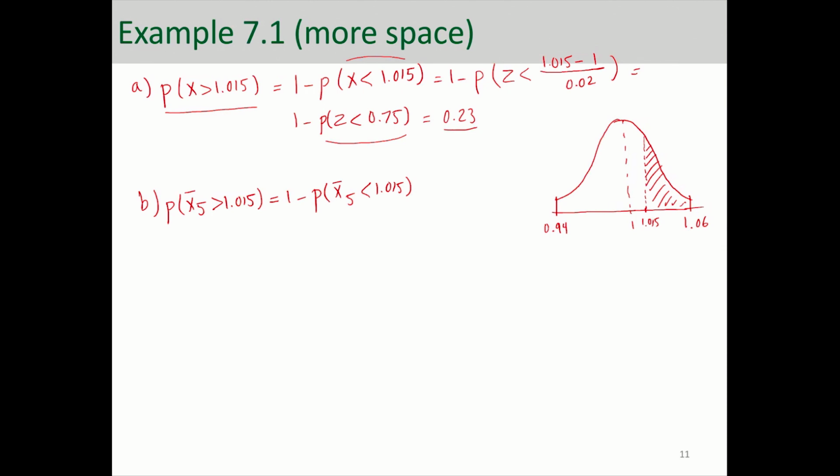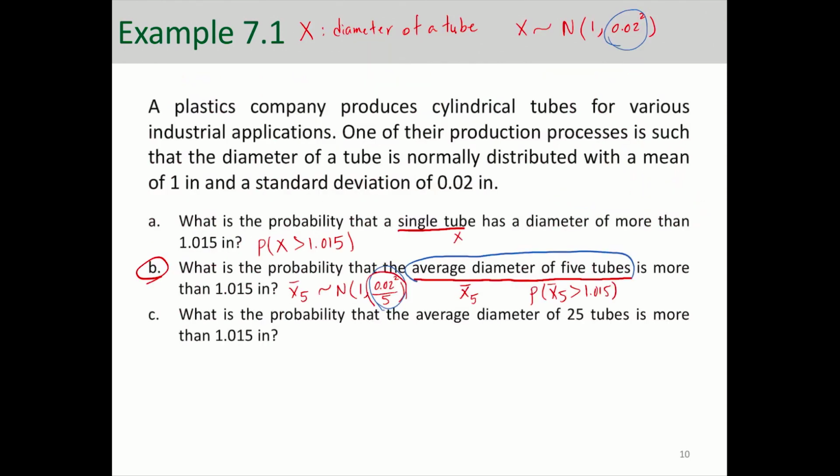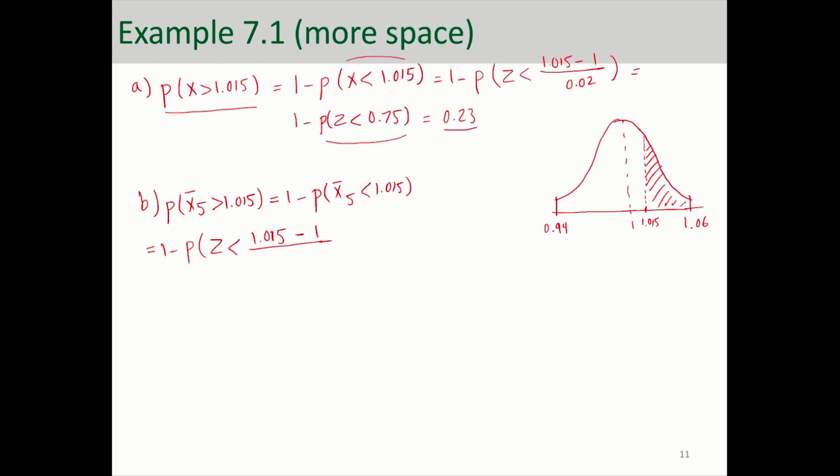So it will be 1 minus probability of z less than 1.015 minus mu, which is 1, over sigma, the standard deviation. The standard deviation is the square root of that variance.